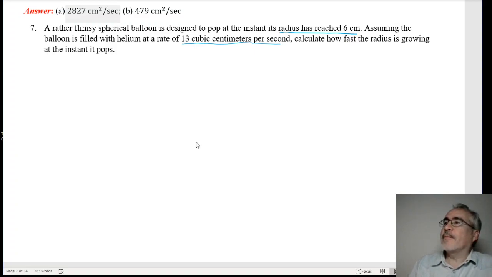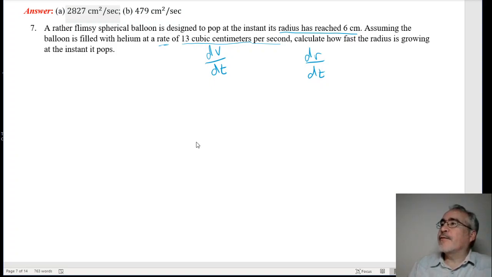It's going to pop when it reaches 6 centimeters. Okay, and this is a rate, so this is a derivative. It's a rate of change of the volume, so this is our dV dt. We're looking for the changing of the radius, which is dr dt.